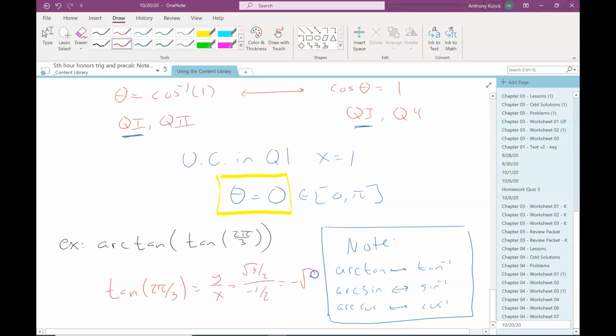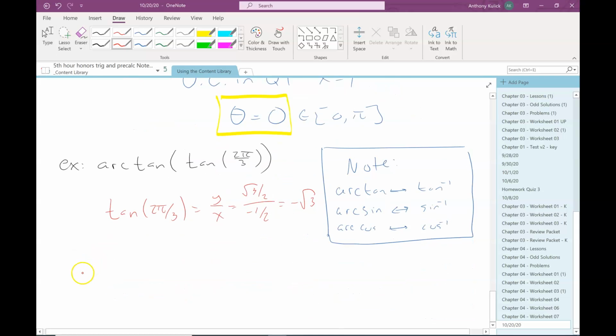So that's negative root 3. Is everybody okay with that? So arctan of tangent of 2 pi over 3 is really just arctan of negative root 3.